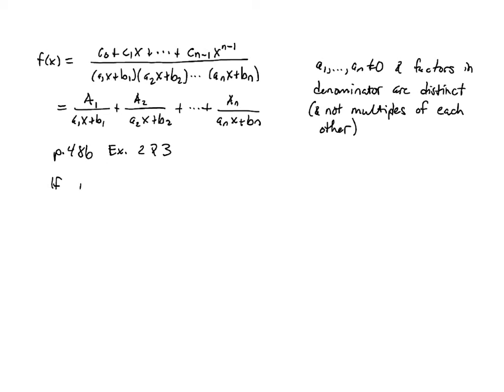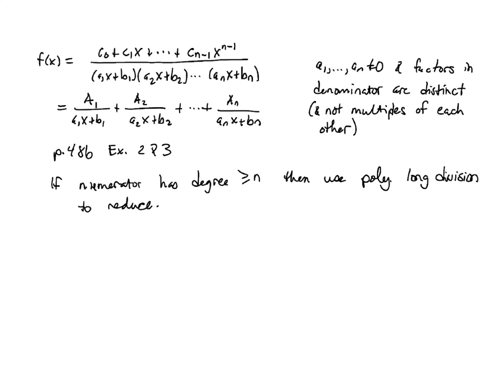So if the numerator has degree greater than or equal to n, well, then we have to use polynomial long division in order to reduce down to a fraction where the numerator isn't too big. And I'll show you how that works in the next example.